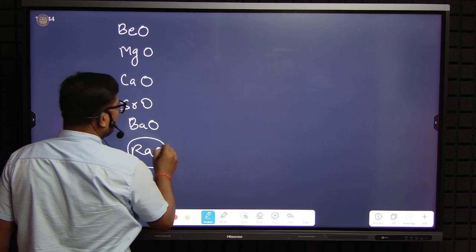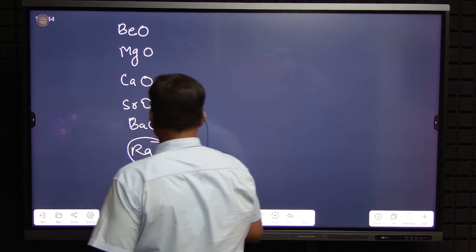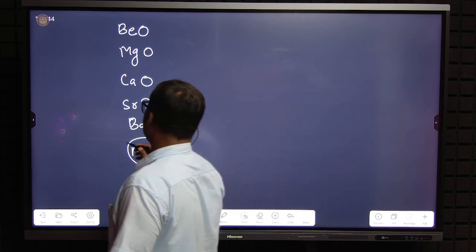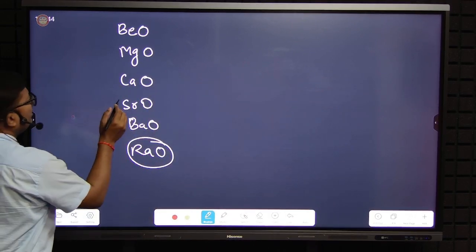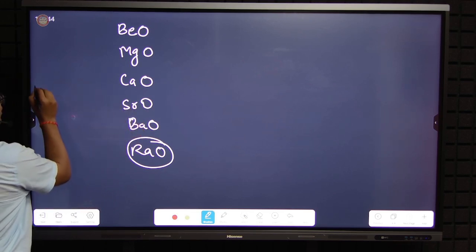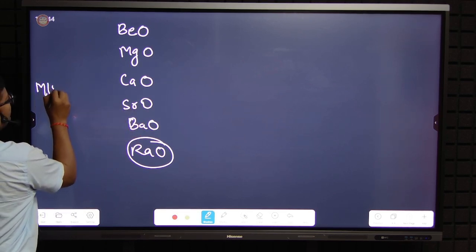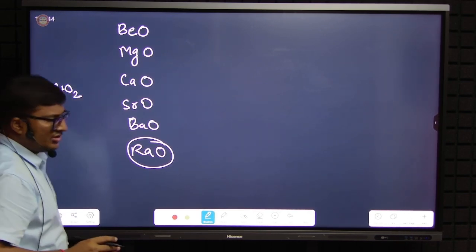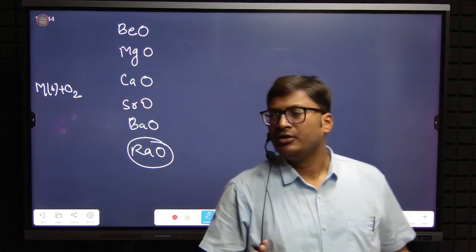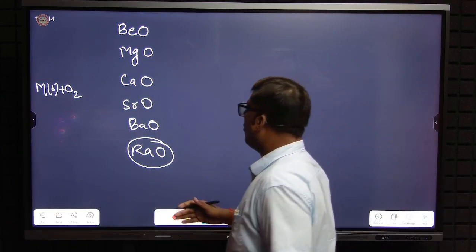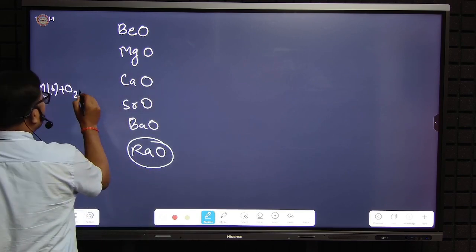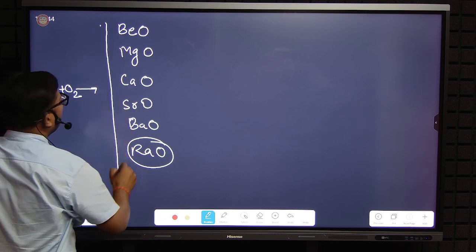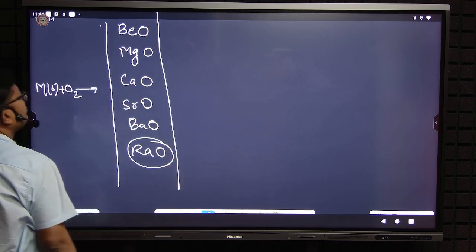Radium oxides are not considered here because of the radioactive characters. So, what actually happens is that once metal in the solid state, they react with oxygen which is present in the air, so they form oxide, right? So, such type of oxides are actually formed.